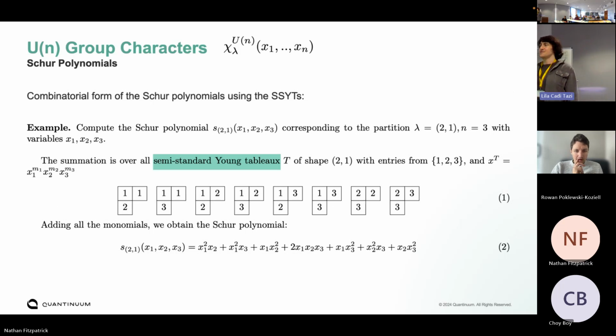These turn out to be the basis elements of the representation, but also the elements of the trace of the irrep of the unitary group.